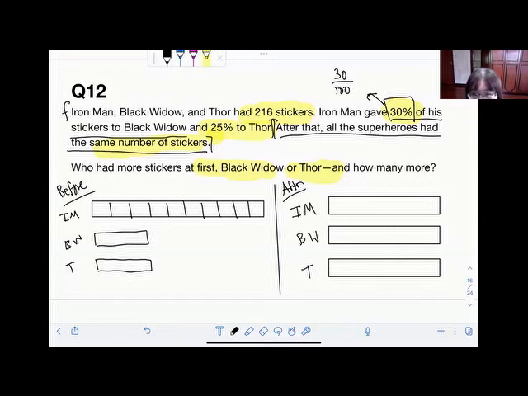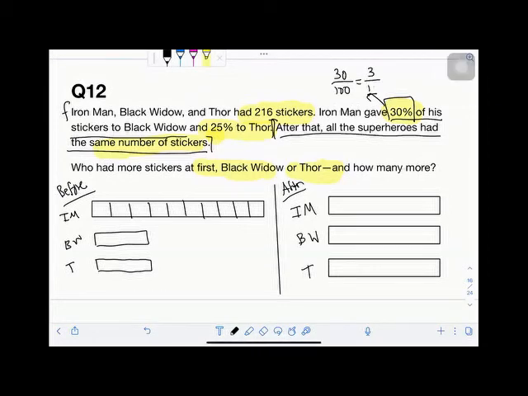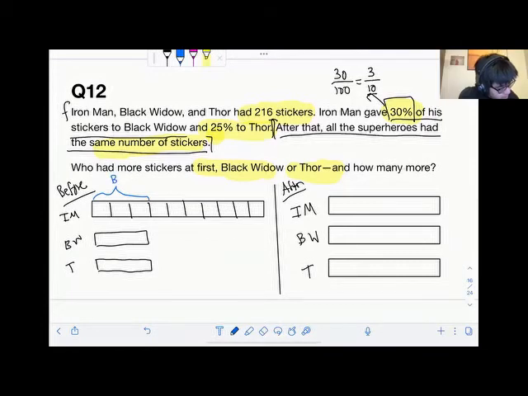Pero yung basic fraction niya is, alam natin, 3 over 10, ma'am. Yes, yan yon. So yan lagi, para yan ang pinakamabilis. Kaya ginawa nating 10. Yes, ma'am. So that's correct, Ma'am Luella. So yung tatlong box, ibibigay po natin kay Black Widow po.